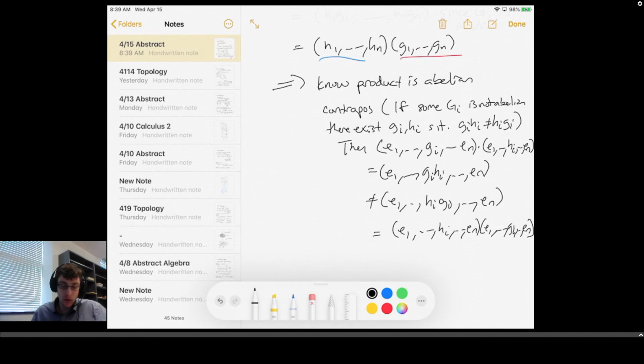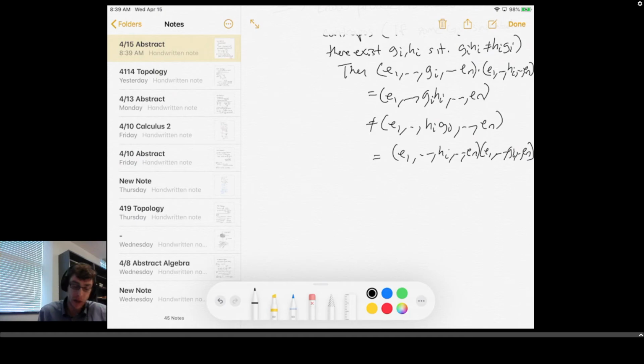So you could do it directly as well by picking out this same thing, right? So directly, you could do the same thing. For any g_i and h_i in G_i, we would have this product, right?